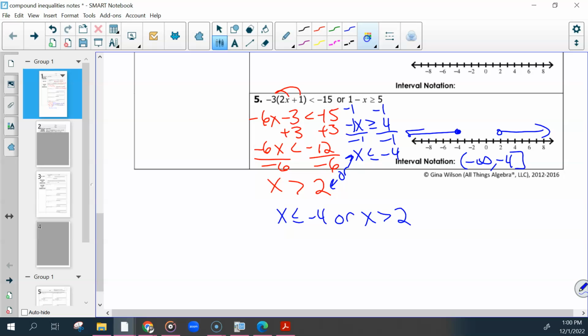Parentheses, no, yep, you're right. No. Parentheses. 2, infinity. Do we have any questions on that one?